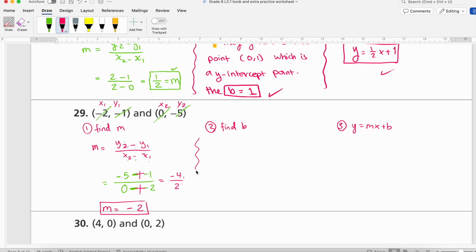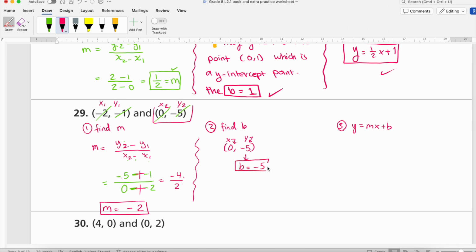Now to find b, I can use the equation y equals mx plus b and replace x, y, and m. But I noticed something here. They gave me the point 0, negative 5. This is a y-intercept point. Always the y-intercept point, the x is always 0, and the y is a value. This value is called b. So b equals negative 5.